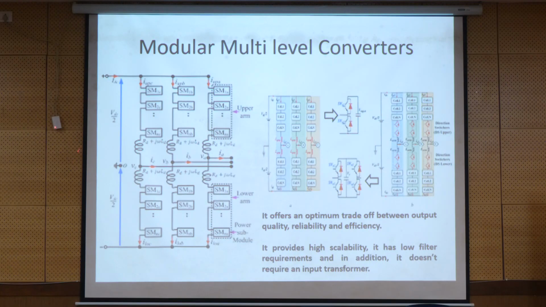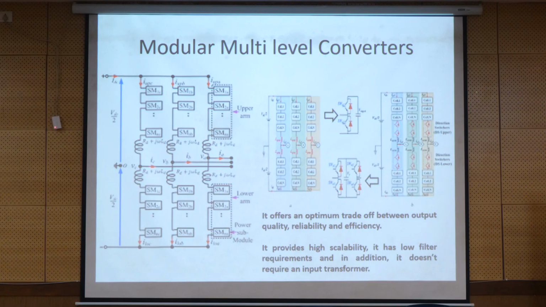And then here we are saying VDC by 2, C1 and C2, the common mode voltage and the voltage balancing: the capacitor voltages should be equal in magnitude. If they are not equal, the output is not going to be sinusoidal in nature; you will get a distorted output.